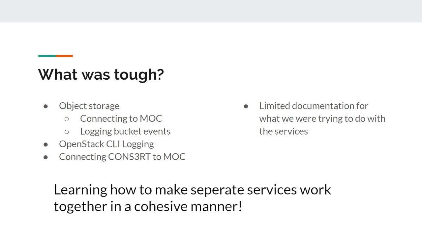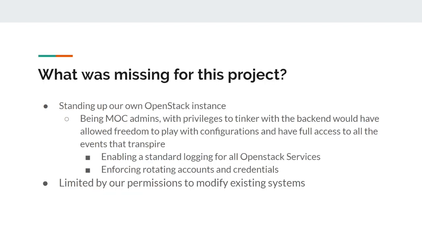Connecting to the MOC became an issue that unfortunately covered multiple sprints. The limited documentation, which is always an issue with services such as this, as well as learning how to make separate services all work together in one cohesive manner, which is the purpose of our project, turned out to be difficult.